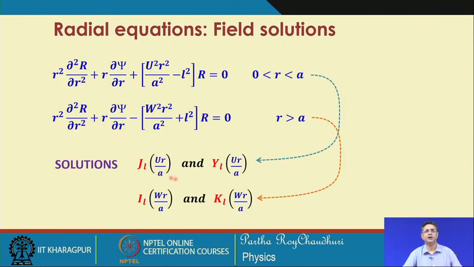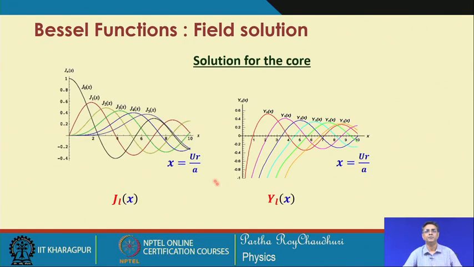Okay, so, let us see how this solution looks like, J L and Y L individually. So, J L, if you plot, this is the variation of J L as a function of x, whereas this is Y L as a function of x.